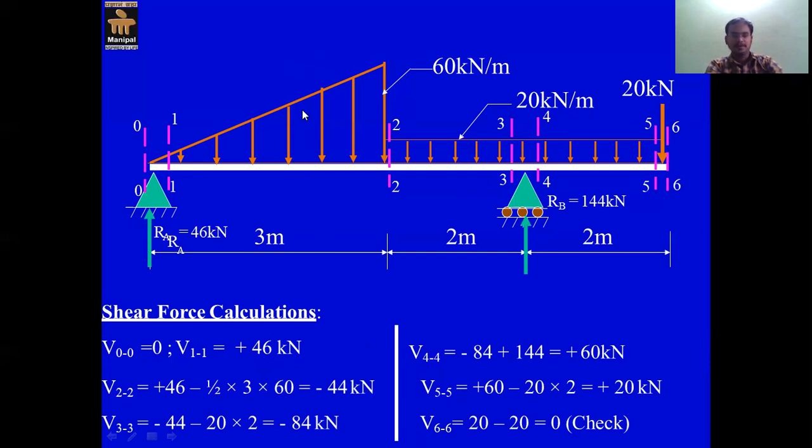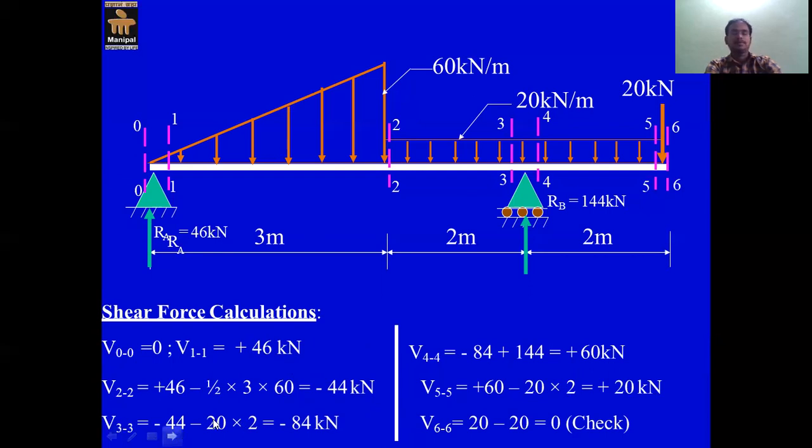This only concentrated load is taken, half base height is 60, and it is minus 44 kilonewtons. Here what happened, at this point the shear force is 46, and at section 2, 2, the shear force is minus 44. So it is changing in a curve form, a parabolic curve form it will change.